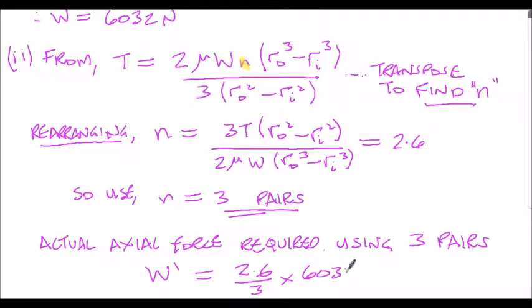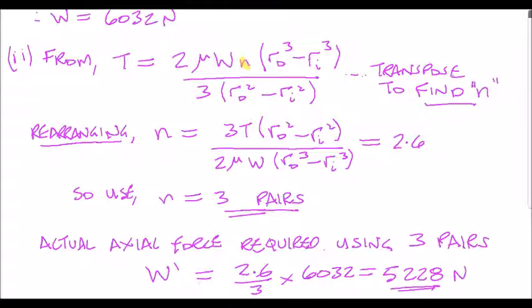So we're kind of factoring down that value, because the 6,032 effectively gave us the 2.6 clutch plates, but we're going to use 3 from a practical consideration, so we can then factor down what the actual axial force we need. So I work it out to be 5,228 newtons.